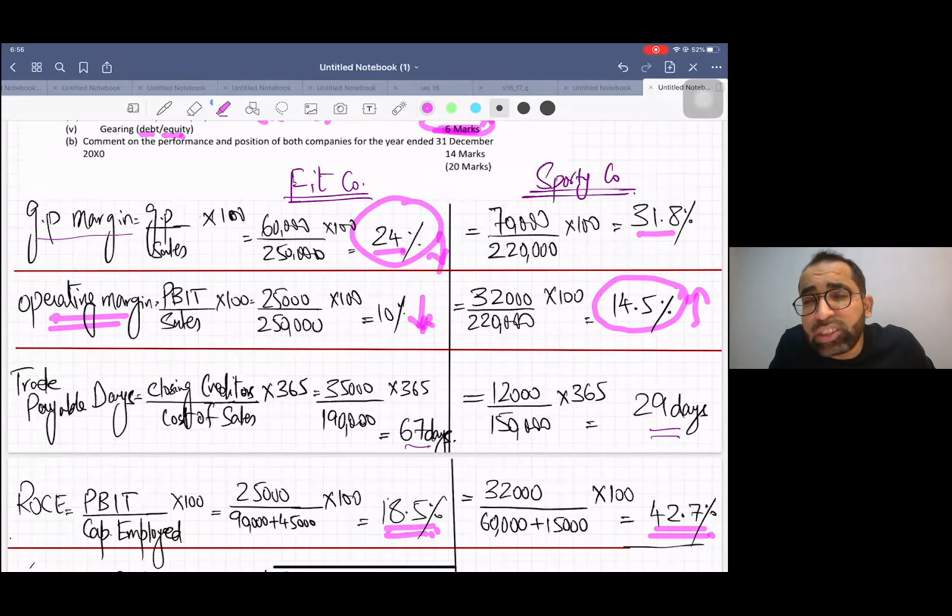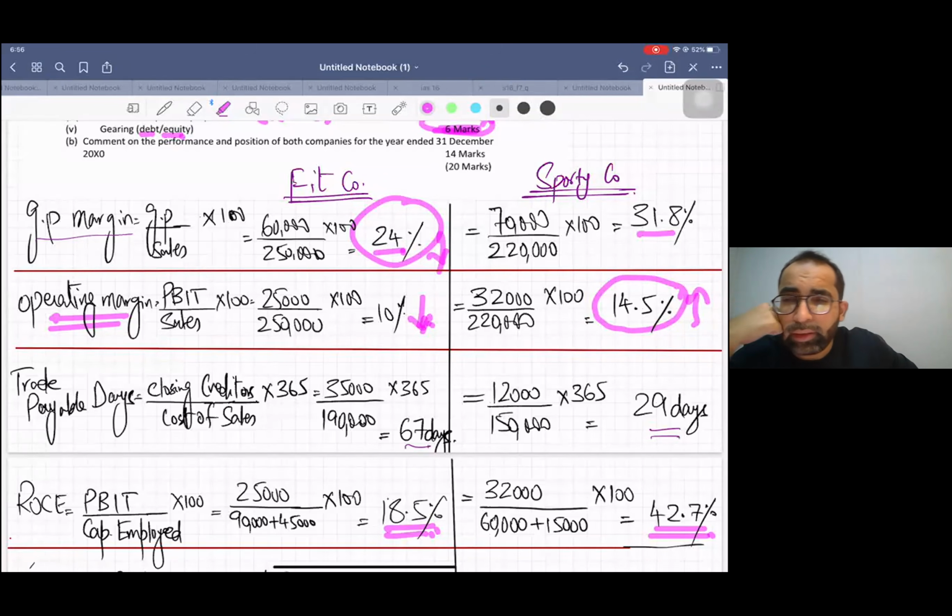The second reason, there is a possibility that Sporty saves a lot of operating cost because they are not involved in manufacturing, no rent. They are not selling through branded stores, just through departmental stores. But with Fit company, maybe their operating costs are higher.